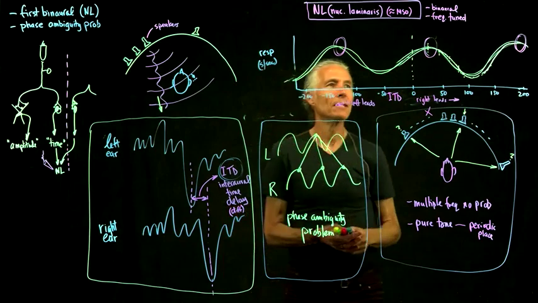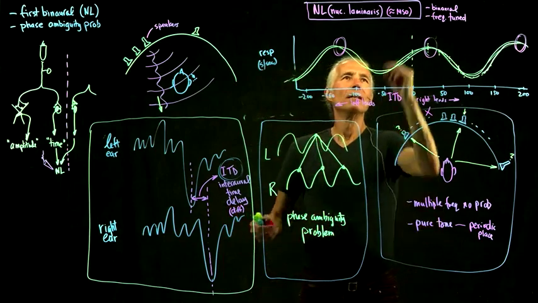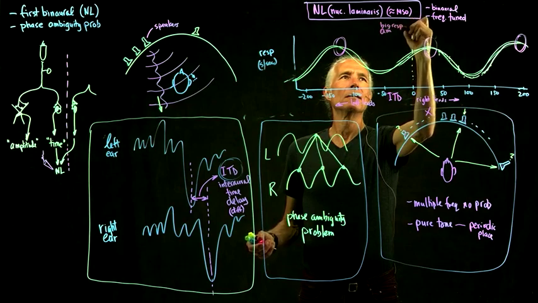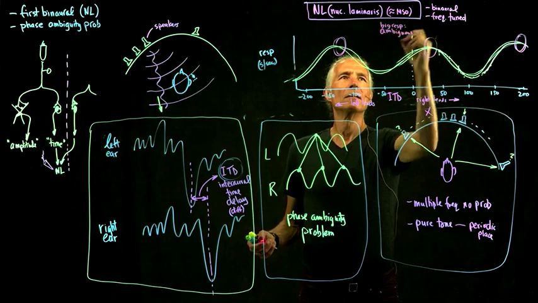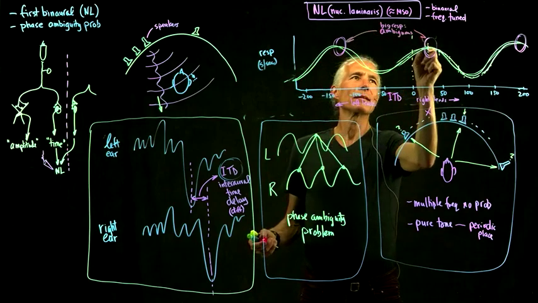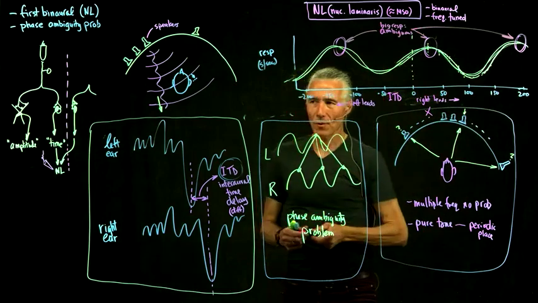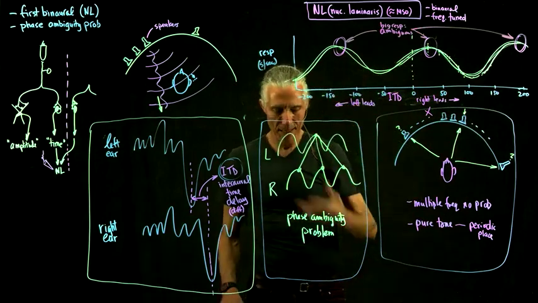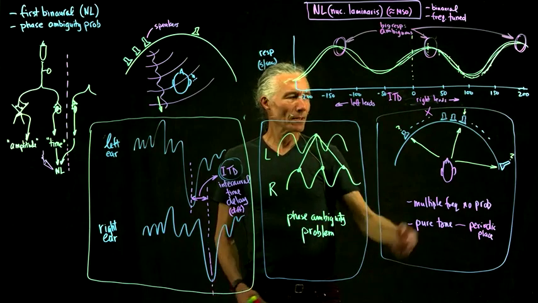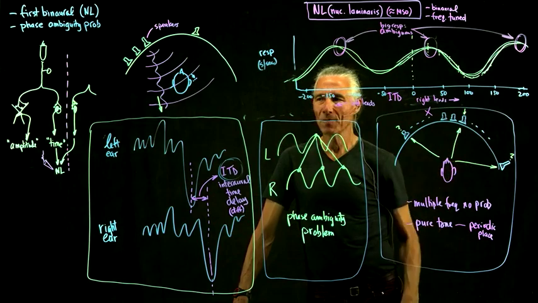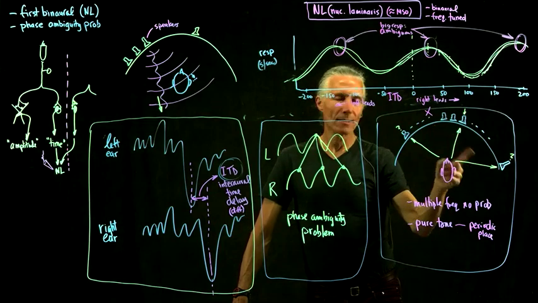If you get a big response, it is ambiguous. You can't tell whether it's that, or that, or that. So this problem does exist in the nervous system, the same thing as when you hear a pure tone: you can't tell which. It's not here, but it could be at these other locations.